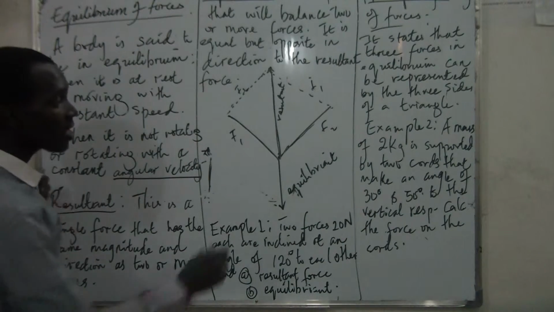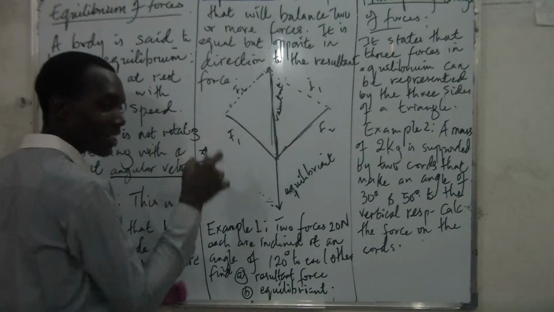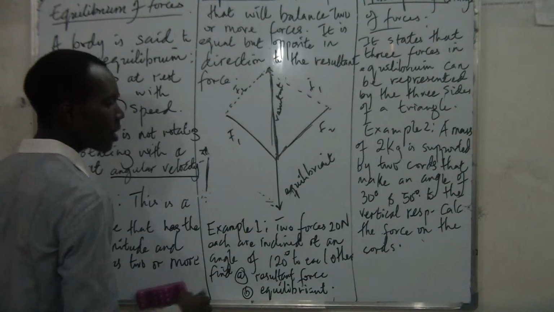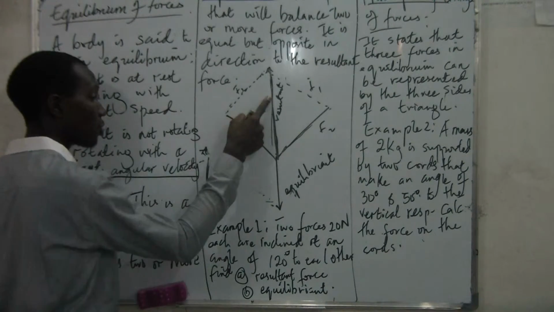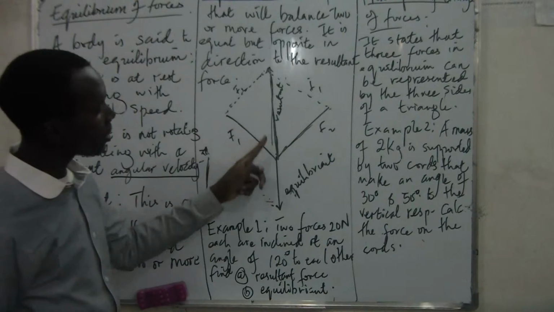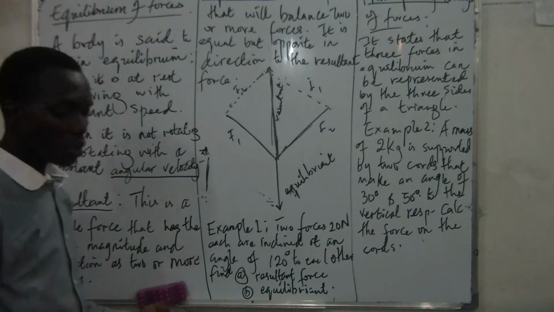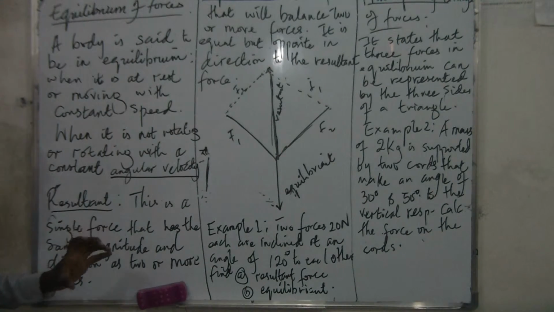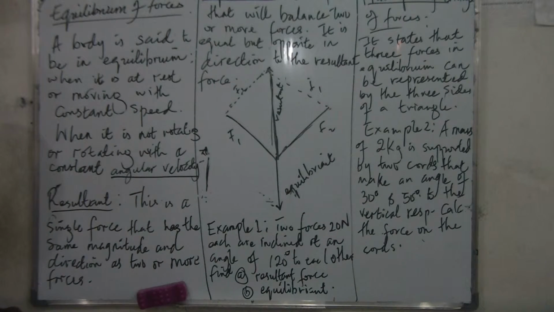So the resultant force is a single force drawn such that it is equal in both magnitude and direction to the other two forces. The equilibrium force is said to be equal to the resultant force. The only difference is that the equilibrium force is in the opposite direction. So you have two forces, and the equilibrium force will balance them such that a stable equilibrium is formed. Do you understand the idea of equilibrium of forces?